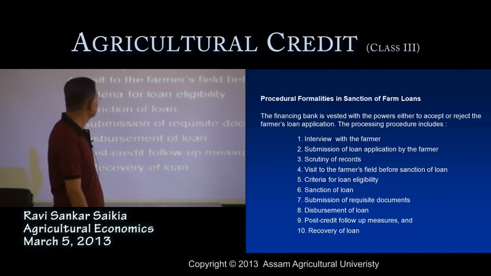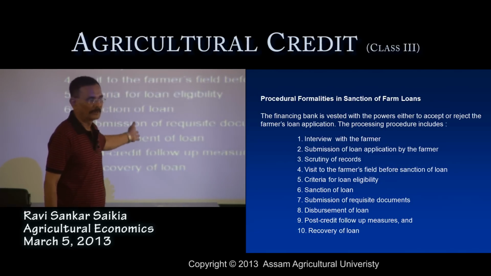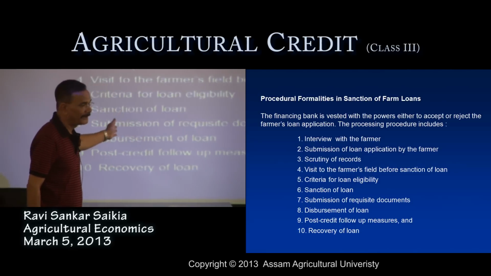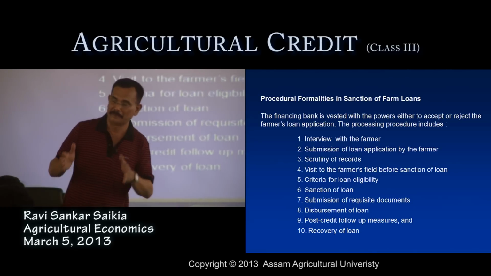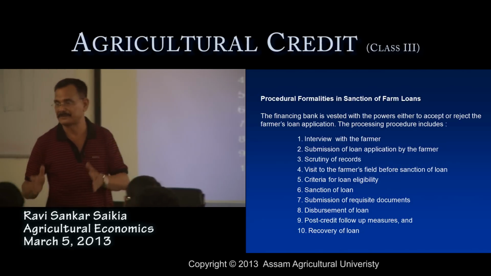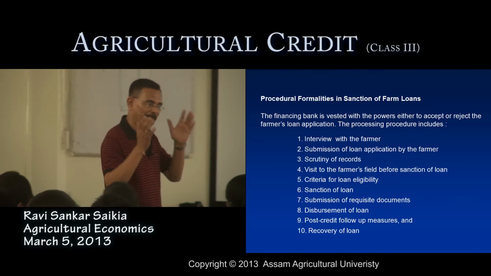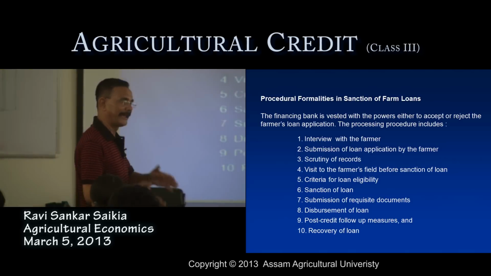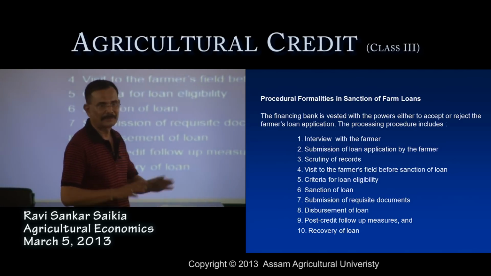Likewise, we may judge the viability of the projects from the 7 P's of credit. Along with this, you should know the formalities and steps generally observed by the banking organization for final disbursement of the loan, along with the post-credit follow-up measures. Do you understand? Any question?